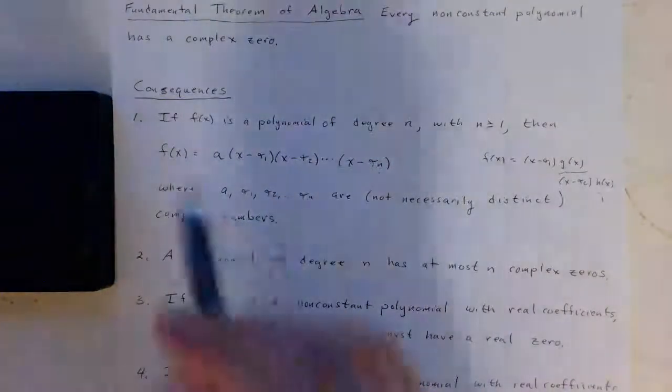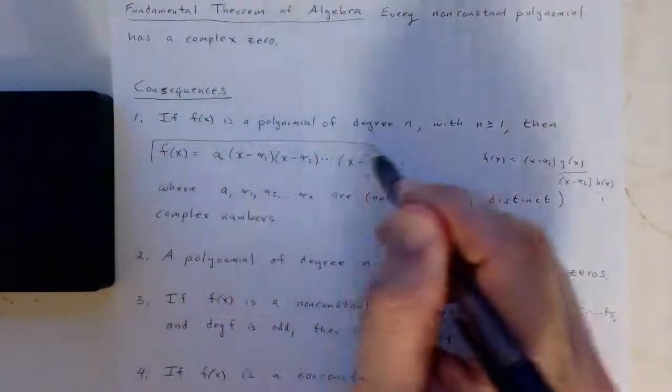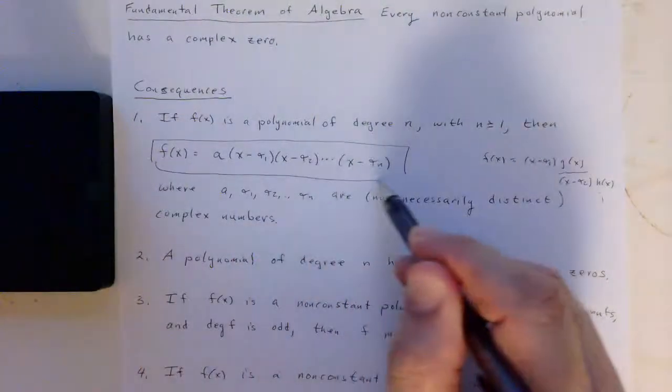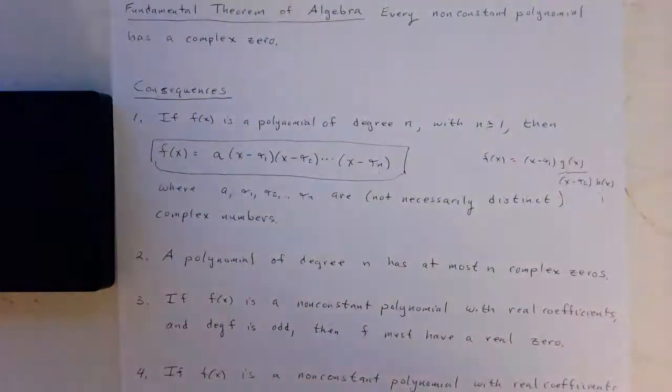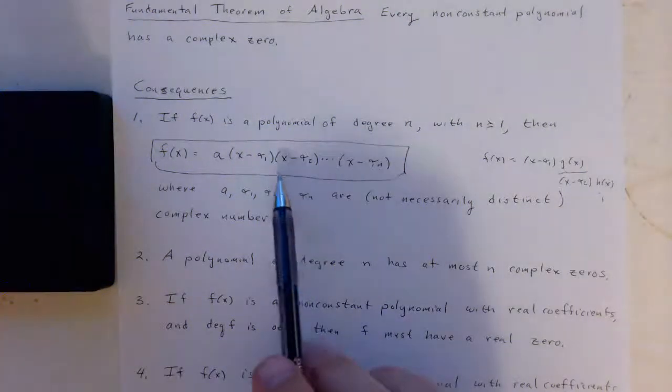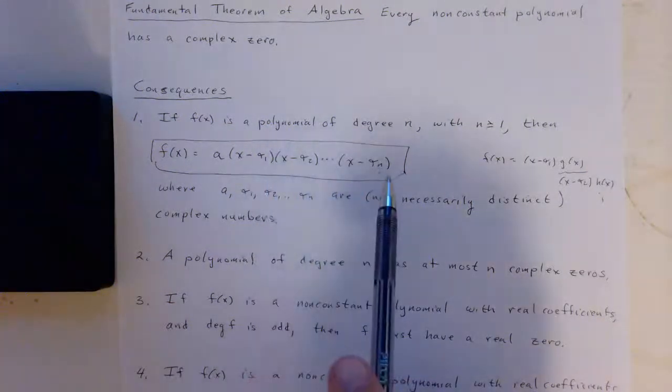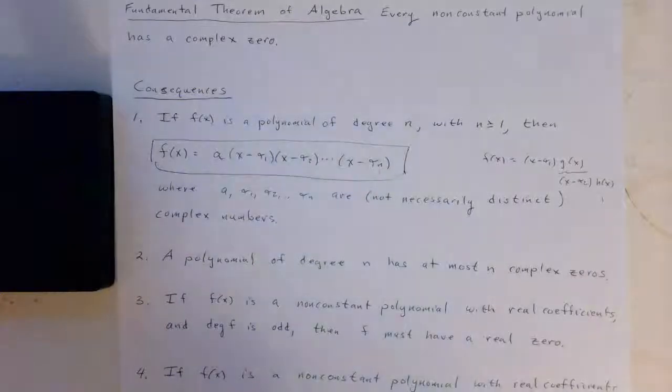I want you to understand that this form is in essence what every polynomial looks like. And when you're asked to factor a polynomial over the complex numbers, this is what we mean. Factoring something over the complex numbers and finding the roots are essentially the same thing.